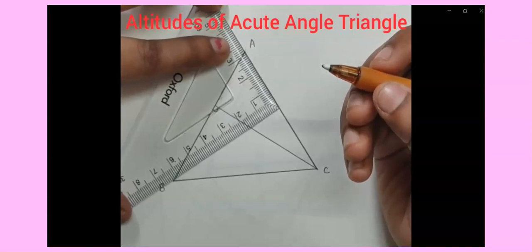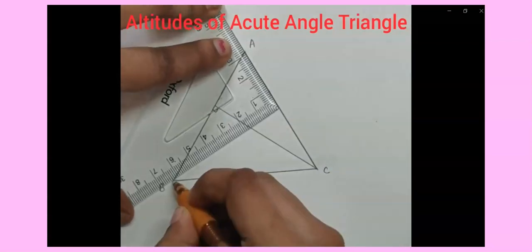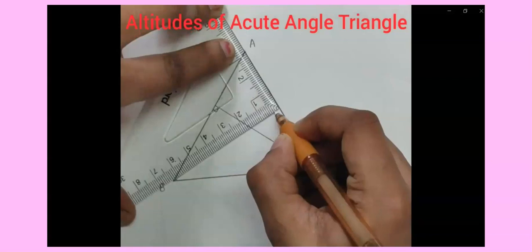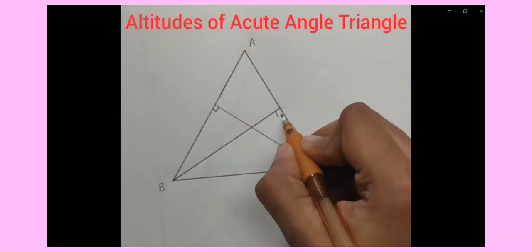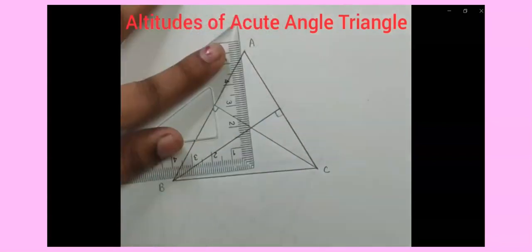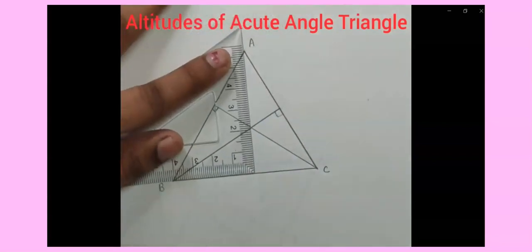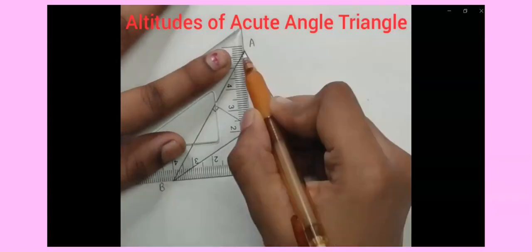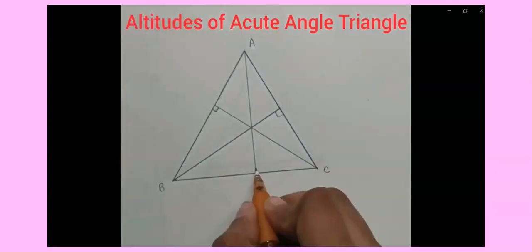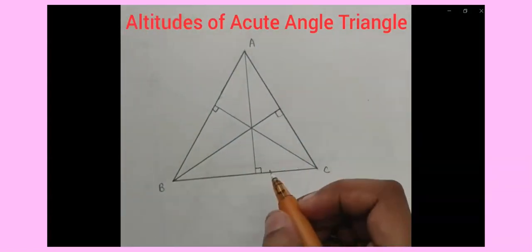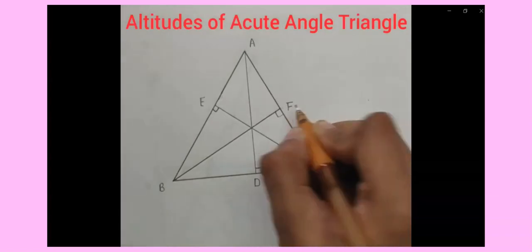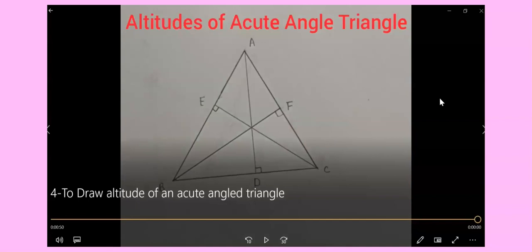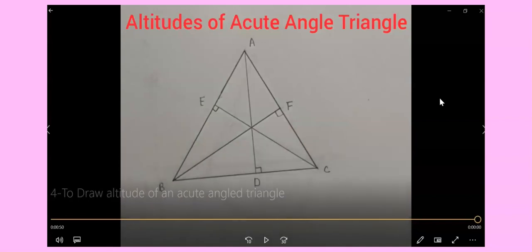Next is perpendicular from the vertex B on side AC. And the last is perpendicular from the vertex A on side BC. And in this way, we get all the three altitudes. Their point of concurrence is in the interior of the triangle ABC.